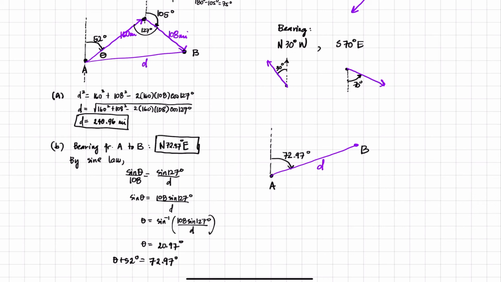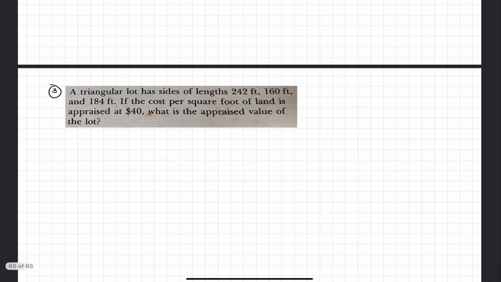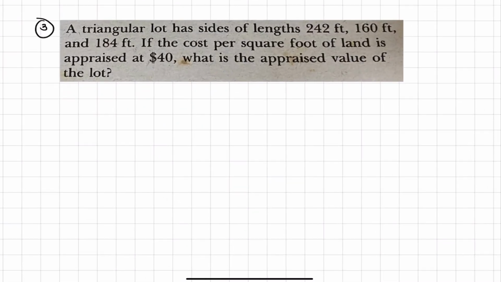So, punta na tayo dun sa last problem natin for this video. A triangular lot has sides of length 242 feet, 160 feet, 184 feet. If the cost per square foot of land is appraised at $40, what is the appraised value of the lot?